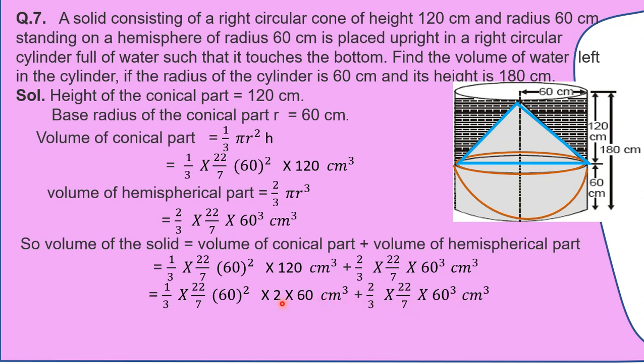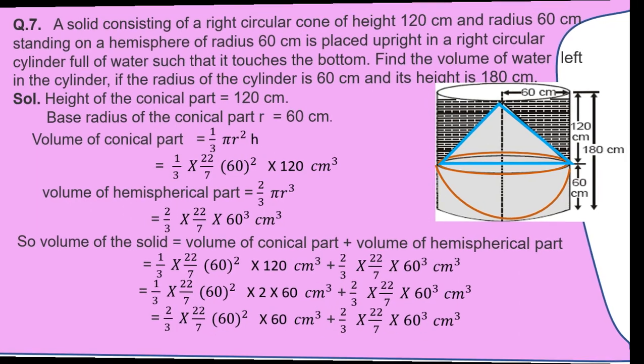Now here observe this, 2 we can place as 2 by 3 in this place. So 2 by 3 and 2 by 3, these two terms are common. 22 by 7 is also common, and 60 square and 60 square is common.